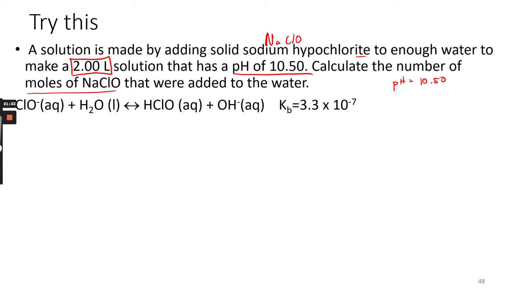So what do we do first? So we have our reaction. We have our Kb value. Remember, Kb is just going to be equal to the products over the reactants. Okay, and they gave us the pH.